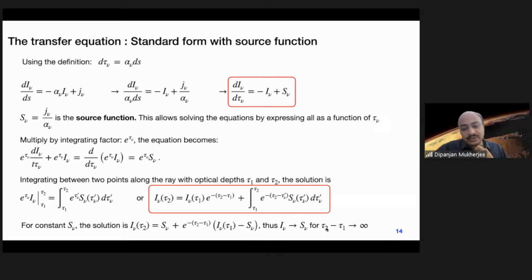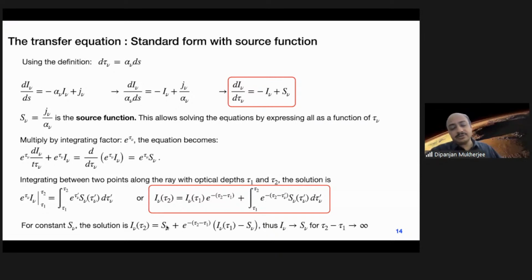For example, if tau 2 minus tau 1 tends to infinity, for example, if point 2 is deep within the star, or deep within a particular volume, such that the optical depth is very large, then the intensity at the point tau 2 is nothing but the source function. At that particular point 2, any information about the incoming intensity is completely lost.